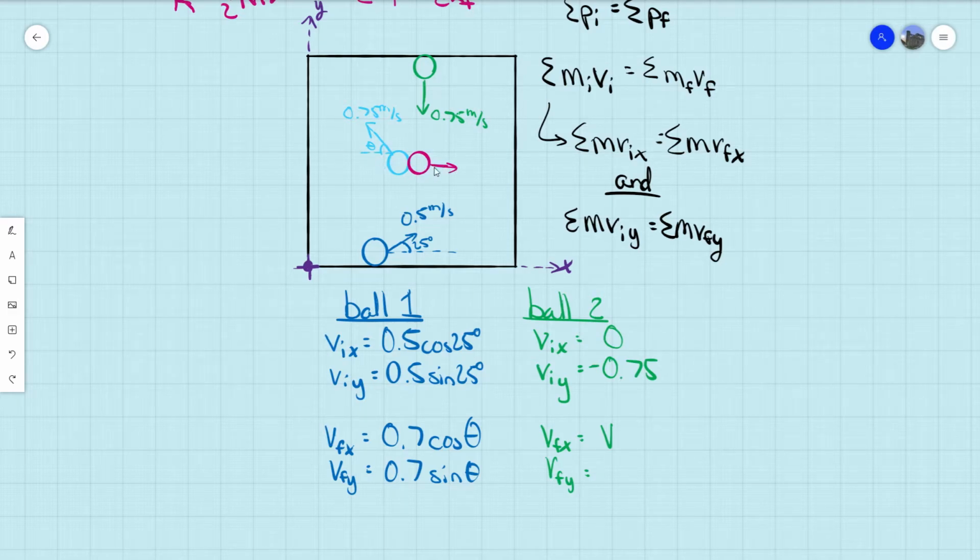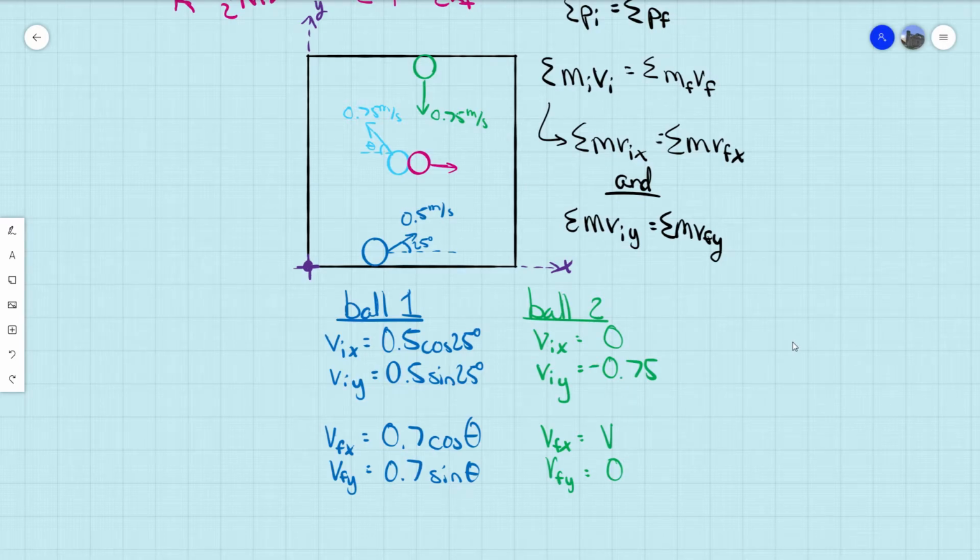And I just kind of arbitrarily assigned these angles here. Like this one, the second ball could be going to the left, and all of that fun stuff. That'll work out in our math. And there is no velocity in the y direction finally because our second ball is parallel to the x-axis.